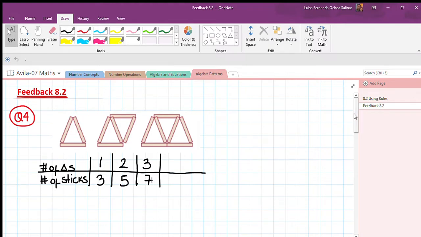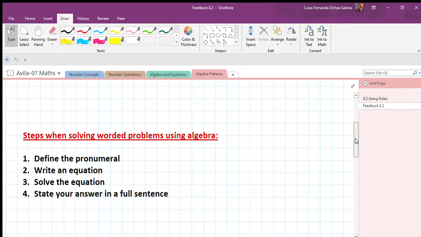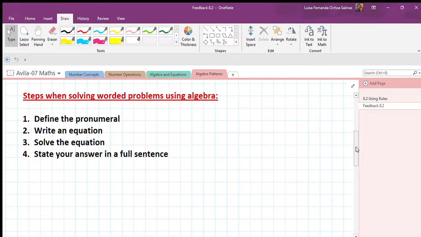So the 4 steps that you need to follow are these ones, okay? The first thing that you have to do is define the pronumeral. The second thing is to write an equation. Then you solve the equation, and then you state your answer in a full sentence.